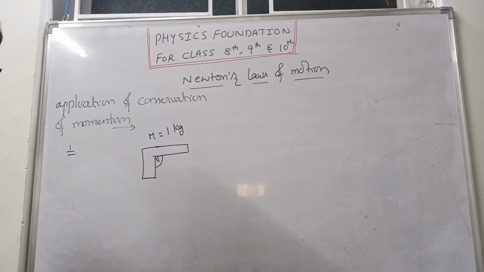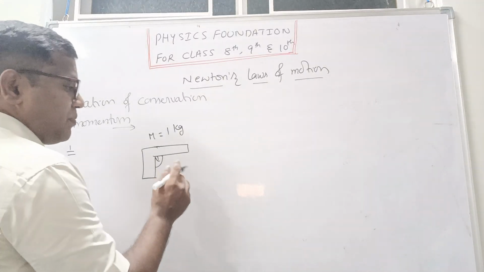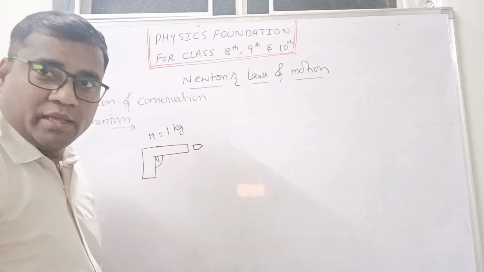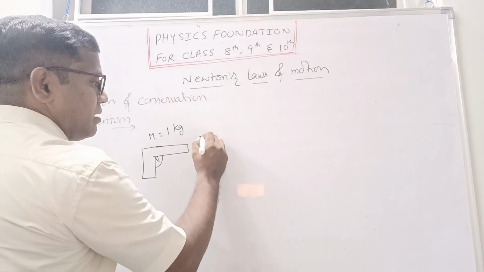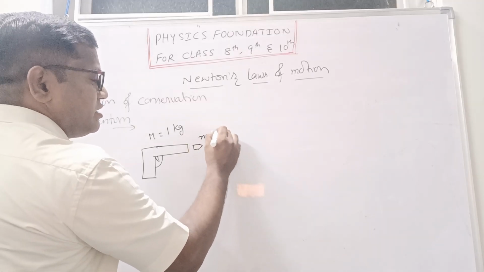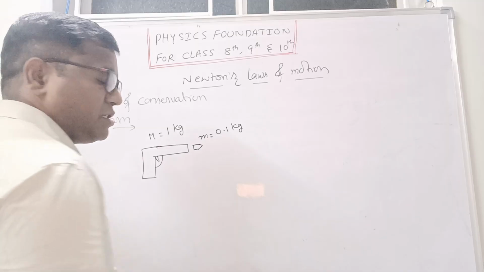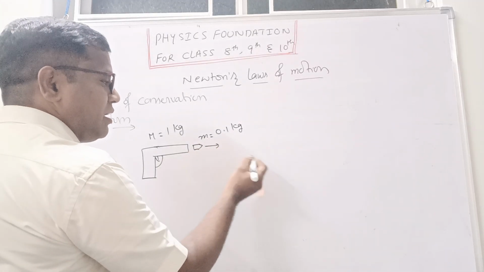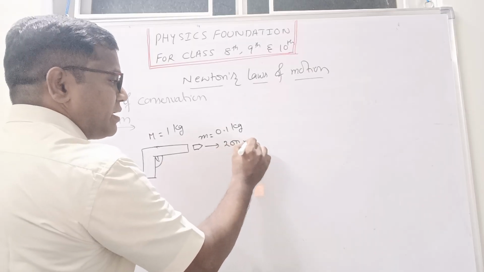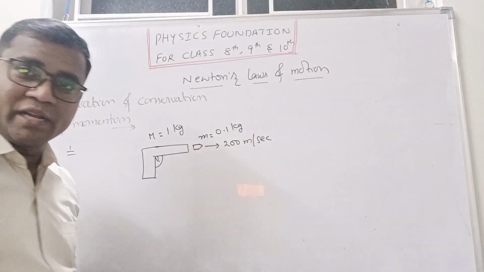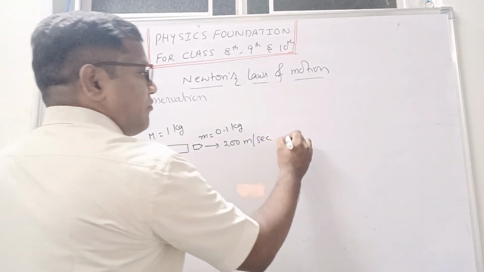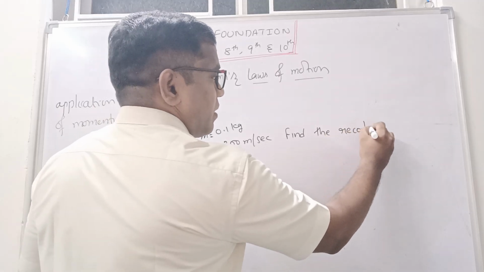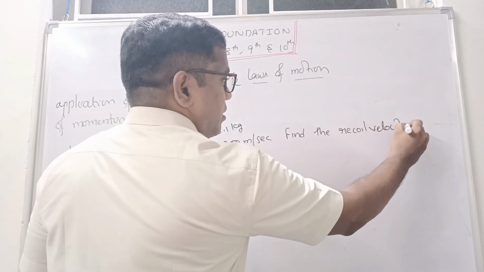When I triggered, a bullet of mass 0.1 kg comes outward with a velocity of 200 meter per second. Find the recoil velocity of the gun.